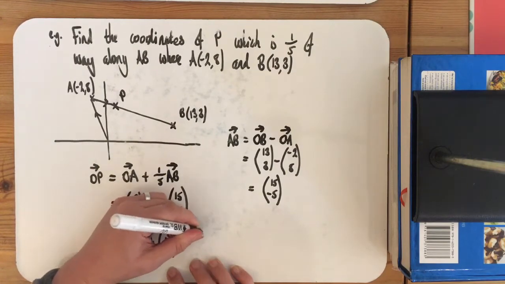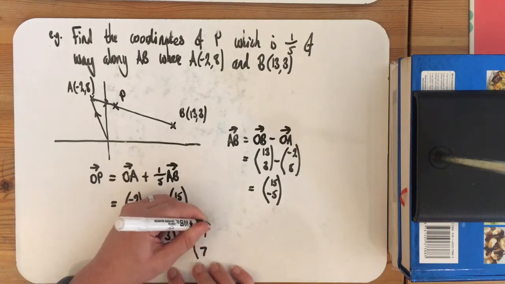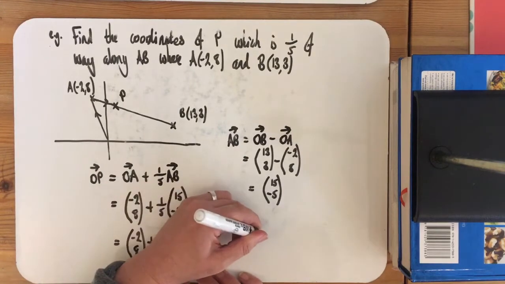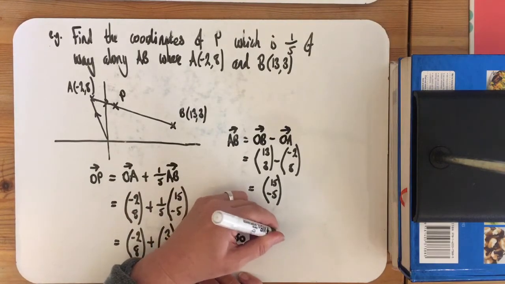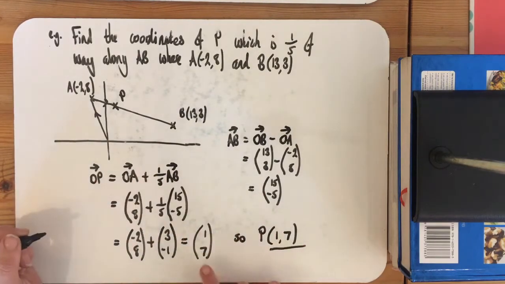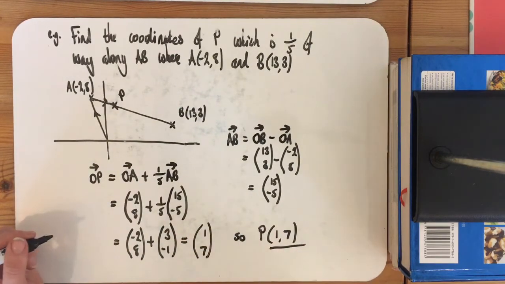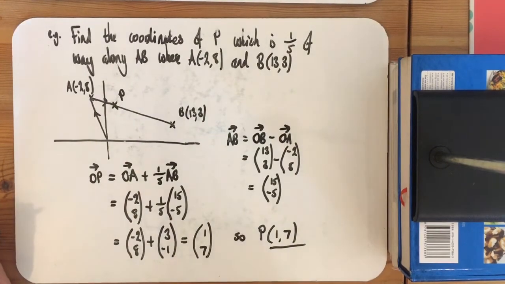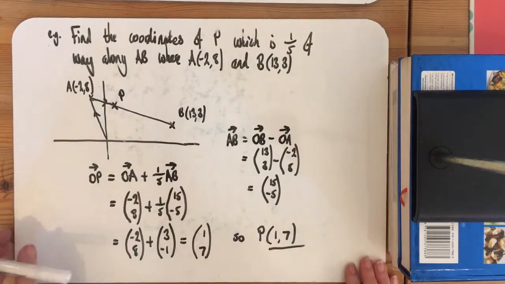That gives you (1, 7). And so P as coordinates is at (1, 7). So you can go from position vector straight into coordinates. So travelling along vectors.